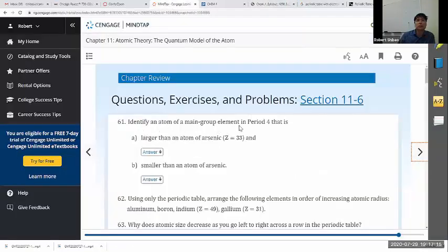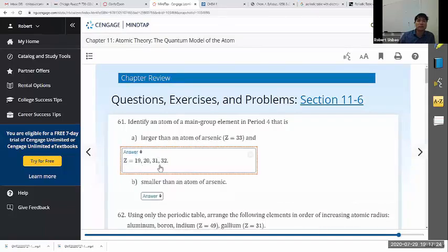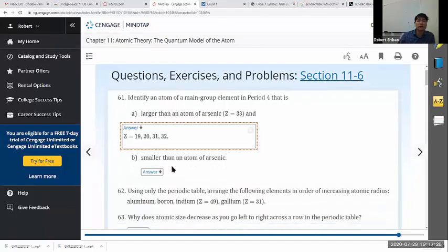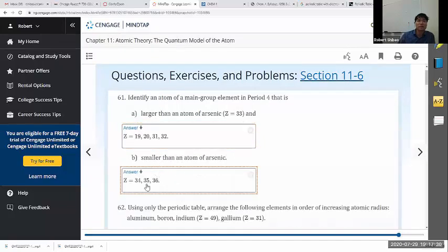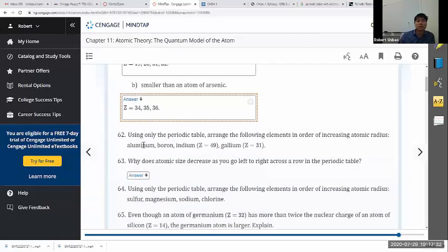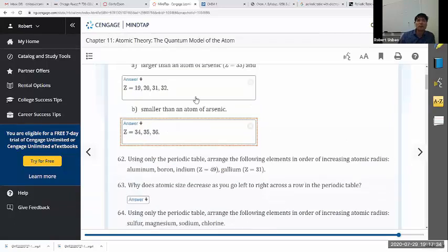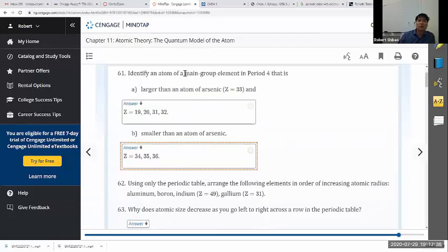Identify an atom in the main group period element that is larger than the atom of arsenic. Anything to the left of arsenic. Smaller than an atom of arsenic, anything to the right. When they say main group, they're skipping the transition metals.